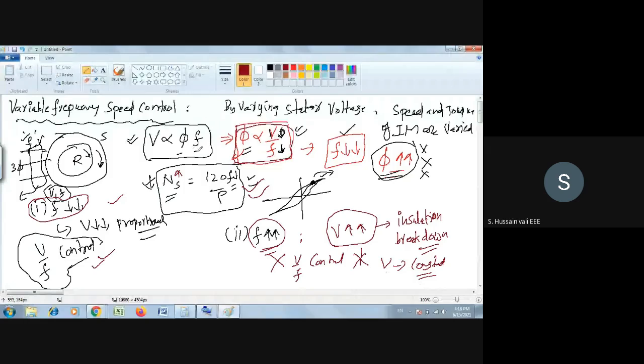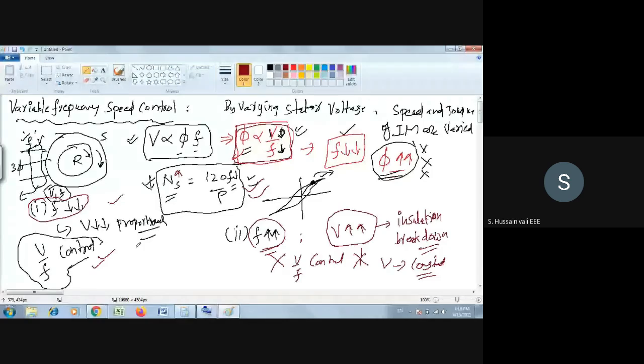But if the flux increases, then the magnetic core of the induction motor will enter into saturation. If it enters into saturation, there are a lot of problems. So we don't want that. In that case, whenever you decrease the frequency, you decrease the voltage also proportionally. Then you maintain the flux constant. So you decrease the frequency and simultaneously decrease the voltage.